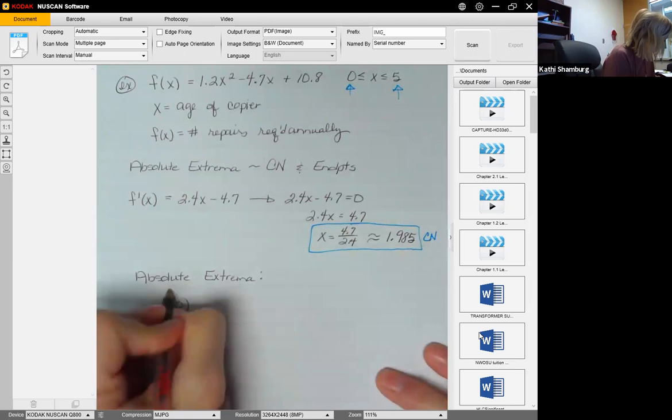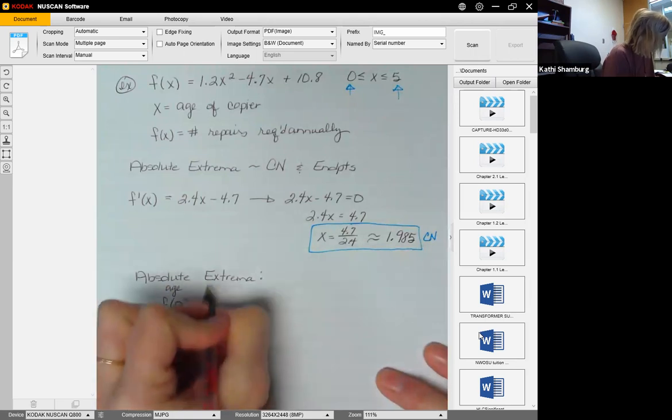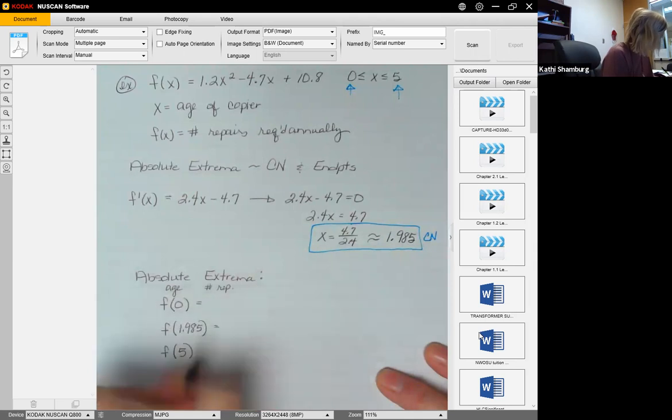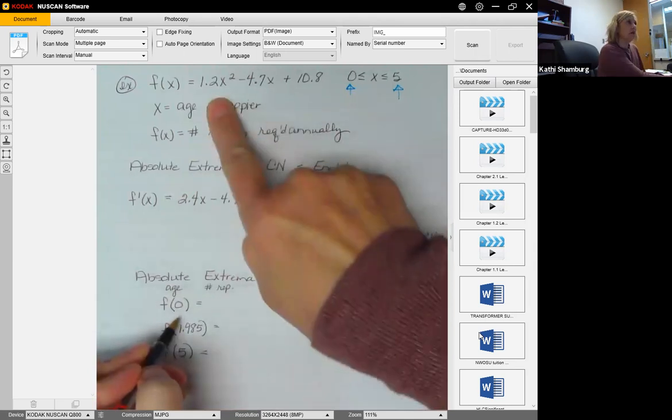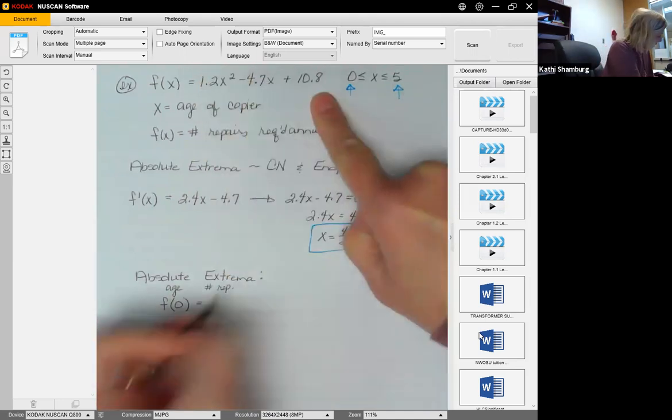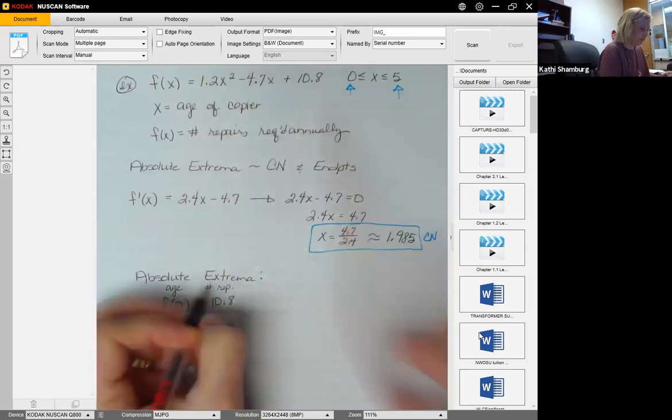So we know input is age, output is number of repairs. So 0 in this original function, that's 0, so it'd be output of 10.8.